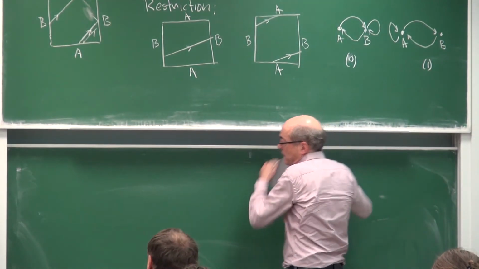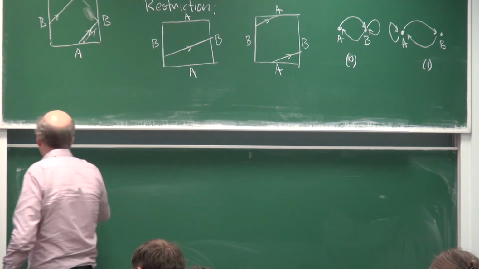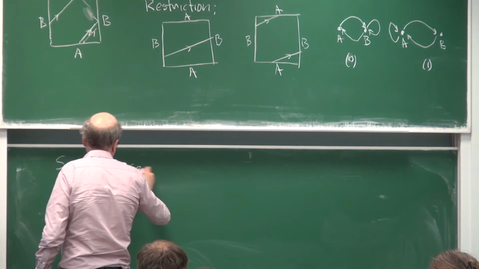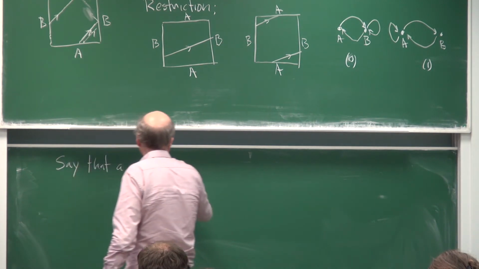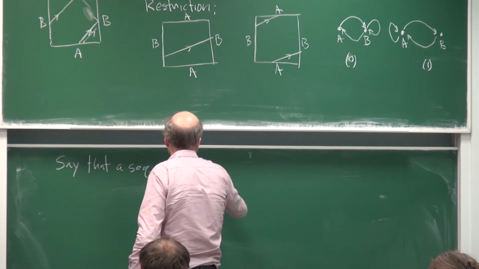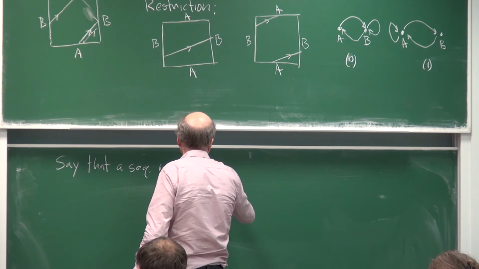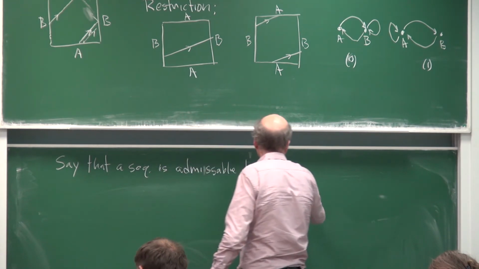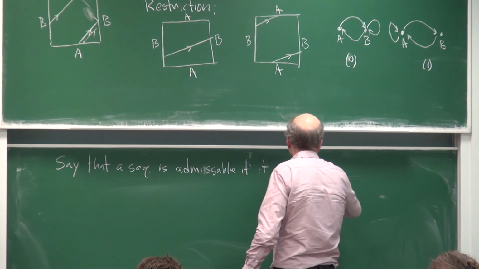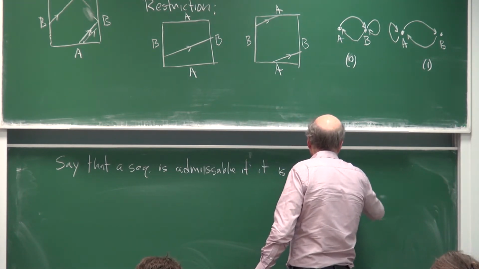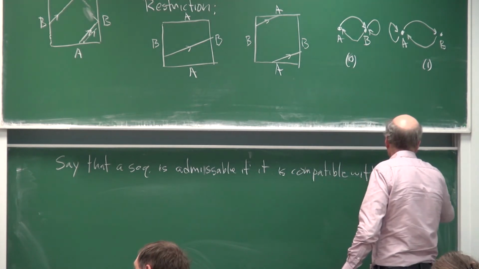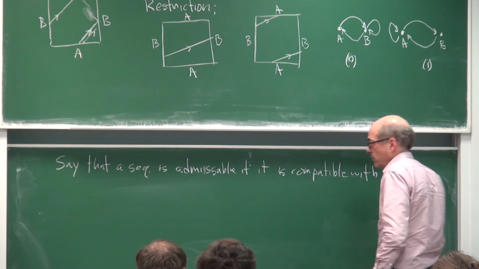So let's say that a sequence is admissible if it is compatible with diagram 0 or diagram 1.